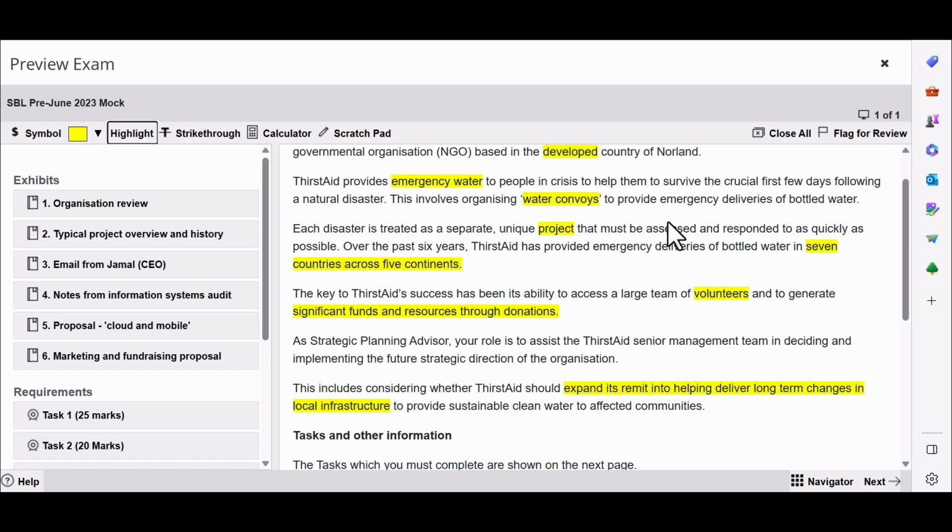The reason I've highlighted that is because it shows that they have resources on the ground in the countries that they operate in, which they can bring together quite quickly. So, in terms of their processes and systems, it sounds as though they're quite well organized, okay? And they have lots of contacts in their network.